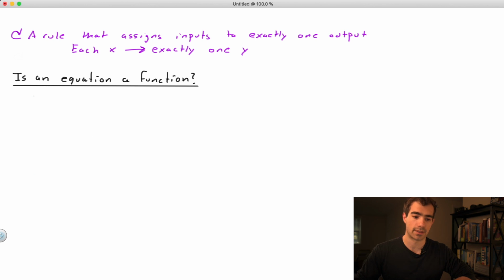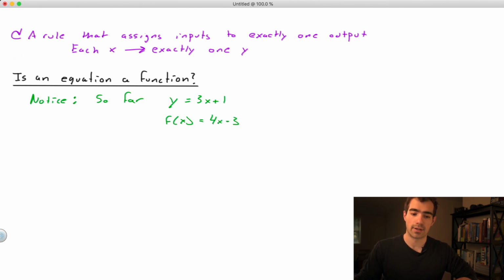So if we notice, everything we've done so far, we've written y is equal to 3x plus 1. We've written f of x is equal to 4x minus 3, and so on and so forth, where the output is isolated all by itself on one side of the equation, and then the expression that determines the output, that rule that does the assigning, is all by itself on the other side.